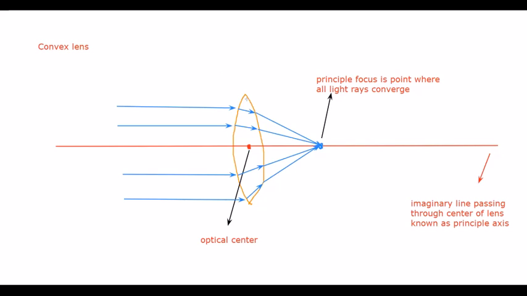And the distance between the optical center and the principal focus is called the focal length.